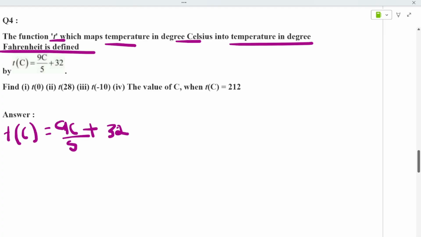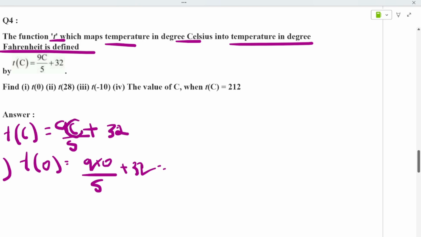Just substitute 9 into 0 divided by 5 plus 32. Here in place of C you substituted 0. That will be equal to 9 into 0 is 0, and 0 plus 32, the answer will be 32.